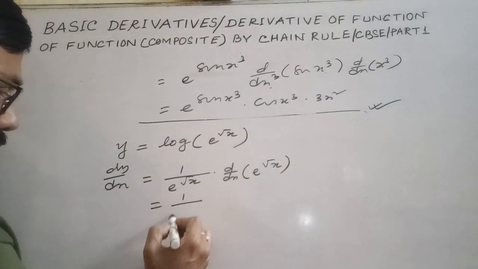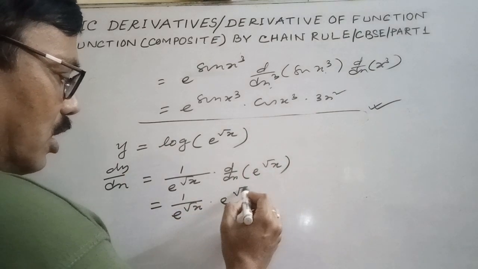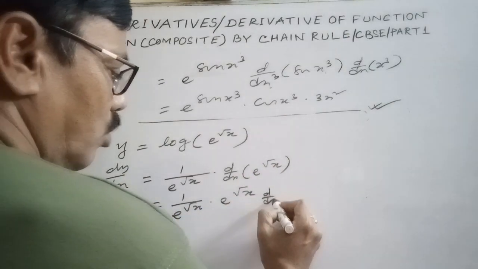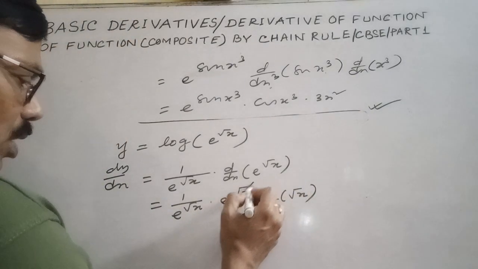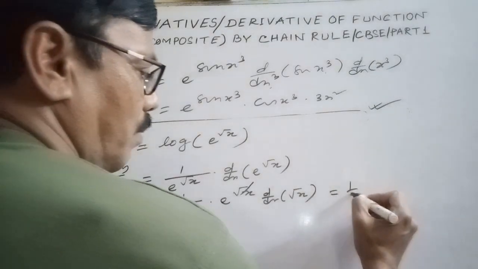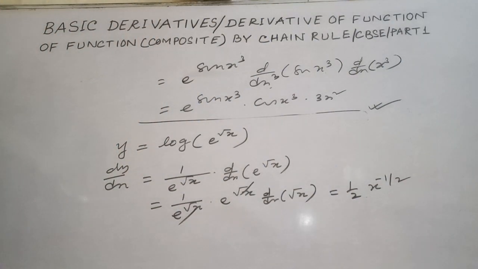So 1 by e to the power root x. So the derivative of e to the power x is e to the power x into d/dx of root x. So this one cancels. So half of x to the power minus half.